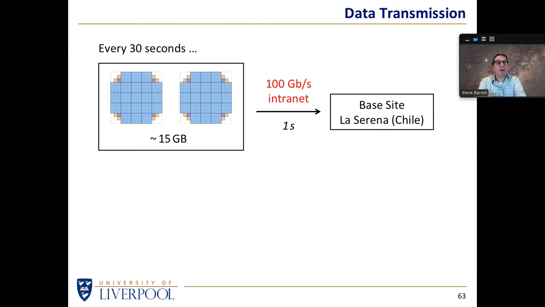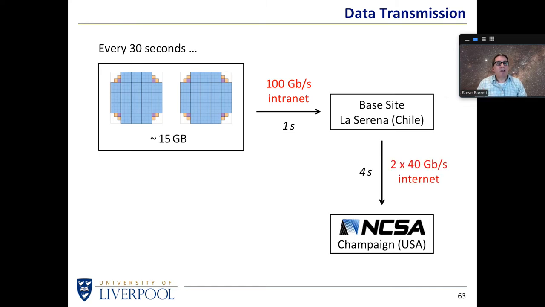At the La Serena headquarters, it will hold a local copy, just as a backup as it were, and then it will send the data via an internet link to North America. From South America to North America, it will send those 15 gigabytes in about 4 seconds over a couple of optical fiber links.